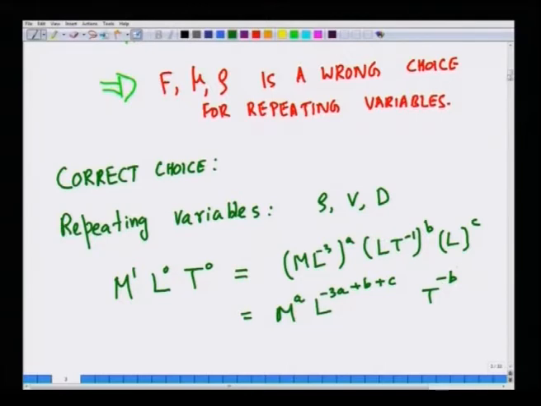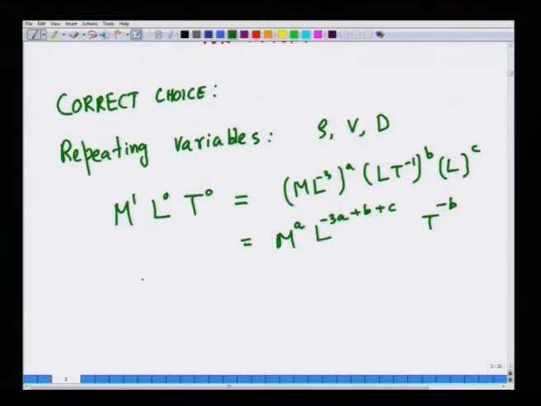Okay. So, by comparing you will find that A is 1, B is 0, minus 3A plus B plus C is 0, but since B is 0 you have 3A equals C, or C is 3 times 1, which is equal to 3.